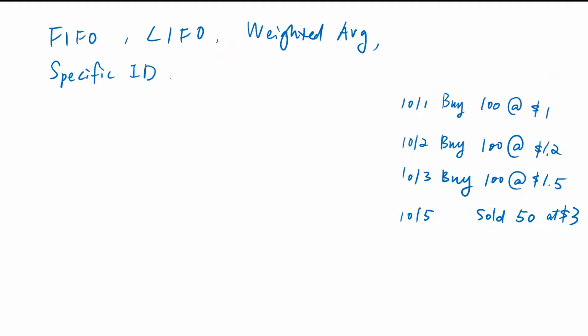As you learned from chapter 4, when you sell products, you need to record the revenue and you need to record expense. So revenue would be calculated at your selling price of $3, but you need a price to calculate your cost of goods sold, right? So this is how these 4 methods work.